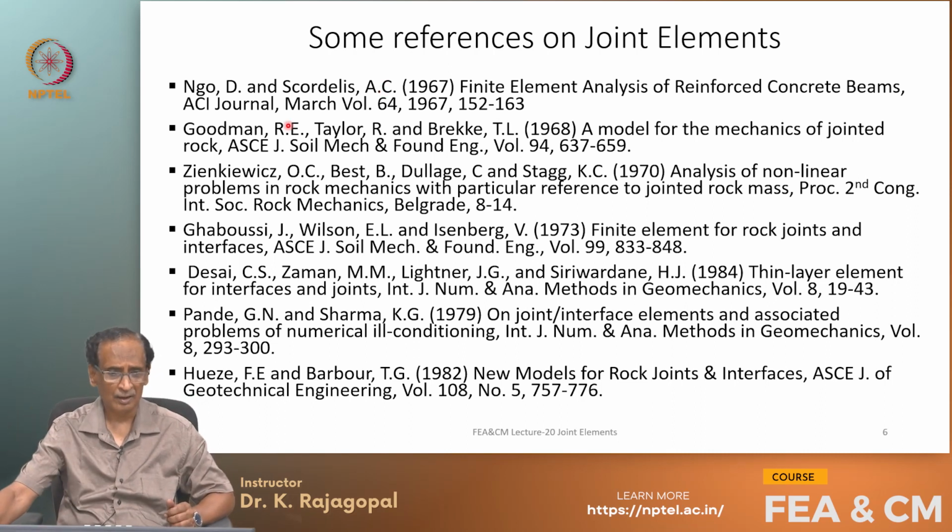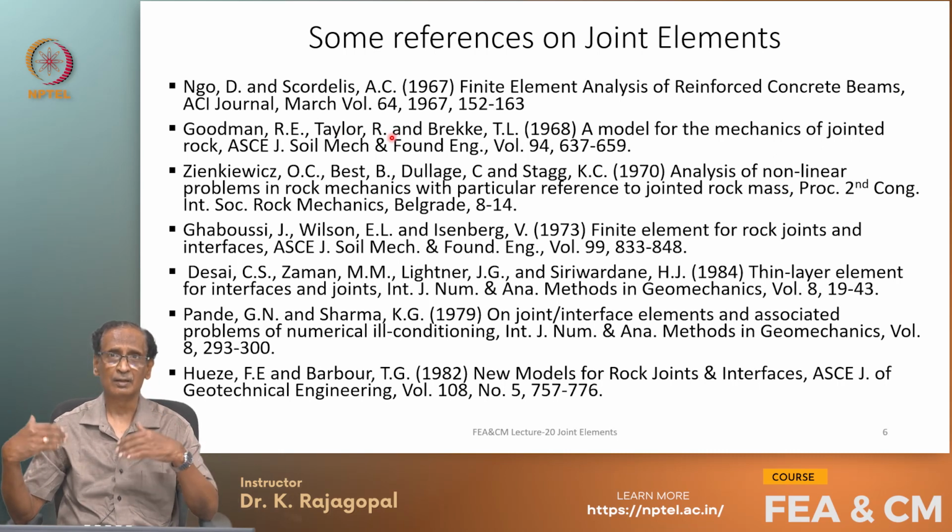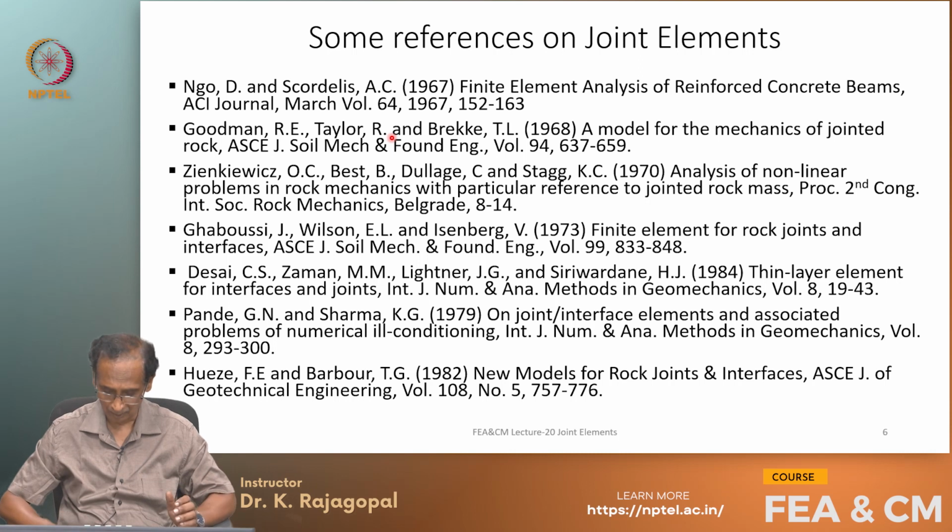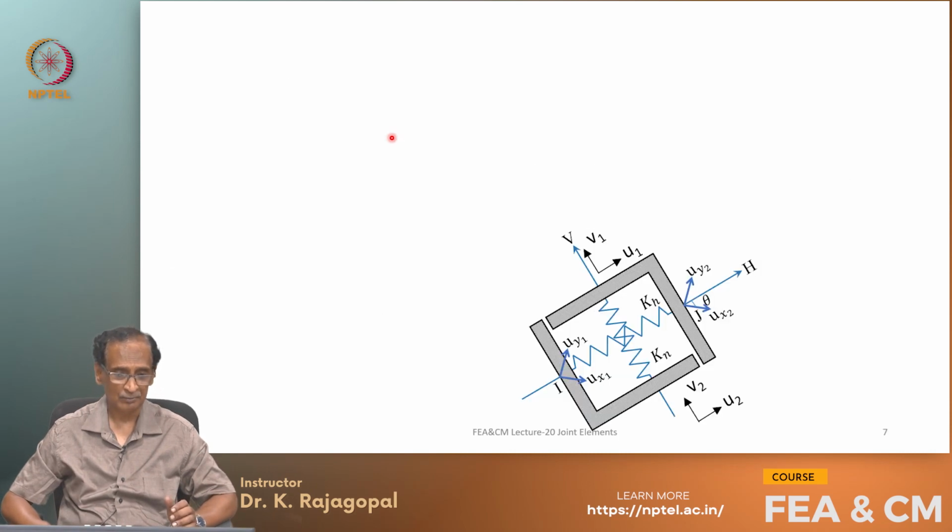Later on Goodman, Taylor and Brekke and others started working on zero thickness joint elements, initially the normal joint elements, but later isoparametric joint elements which are compatible with our isoparametric continuum elements.